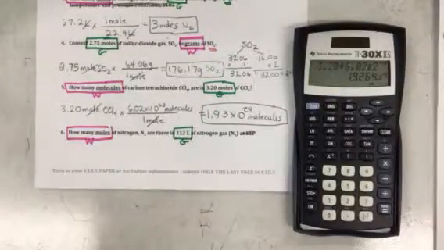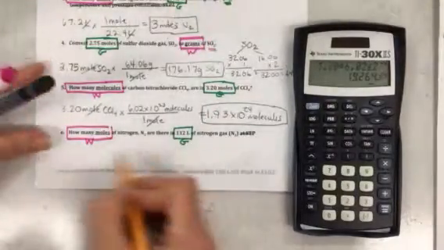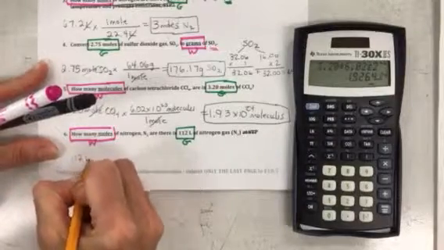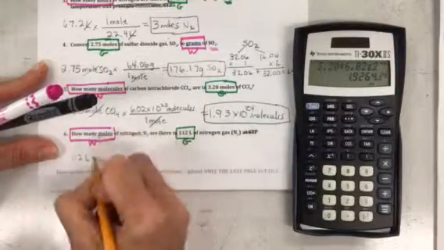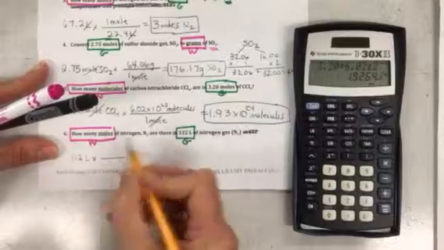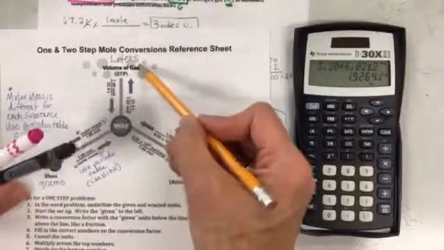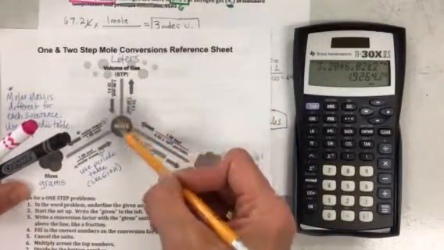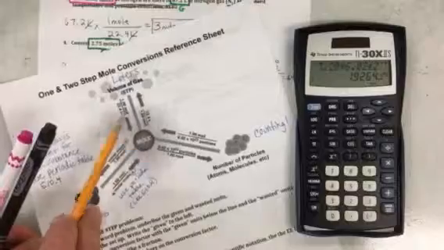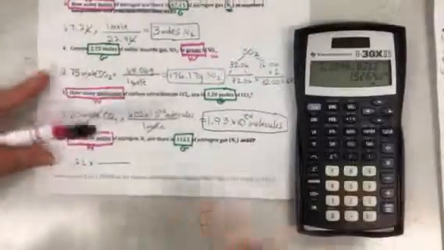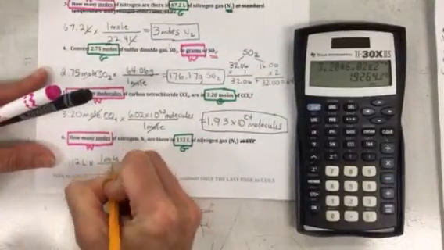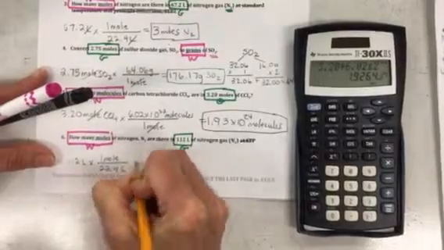And I'm going to write the given first over on the left. And I guess I could put nitrogen, but at least the unit. And now I'm thinking about, I'm starting at liters and I'm going to moles. So I need that one. 1 over 22.4. 1 mole over 22.4 liters.